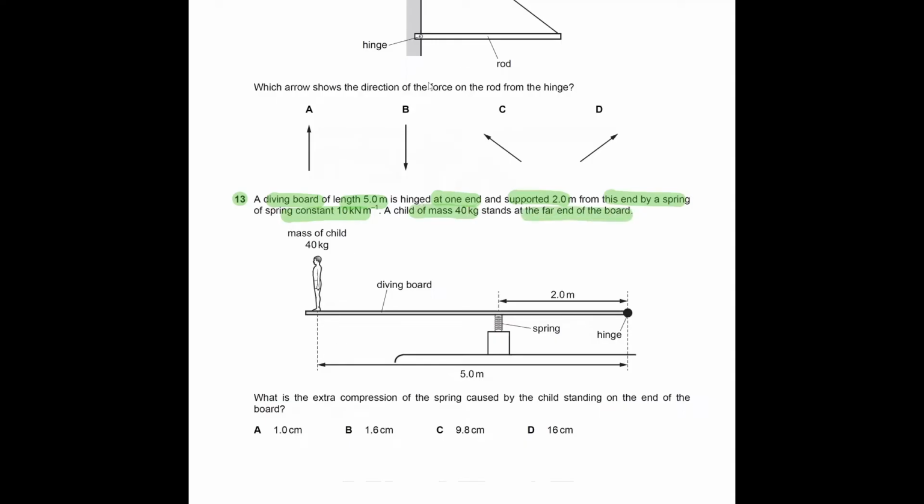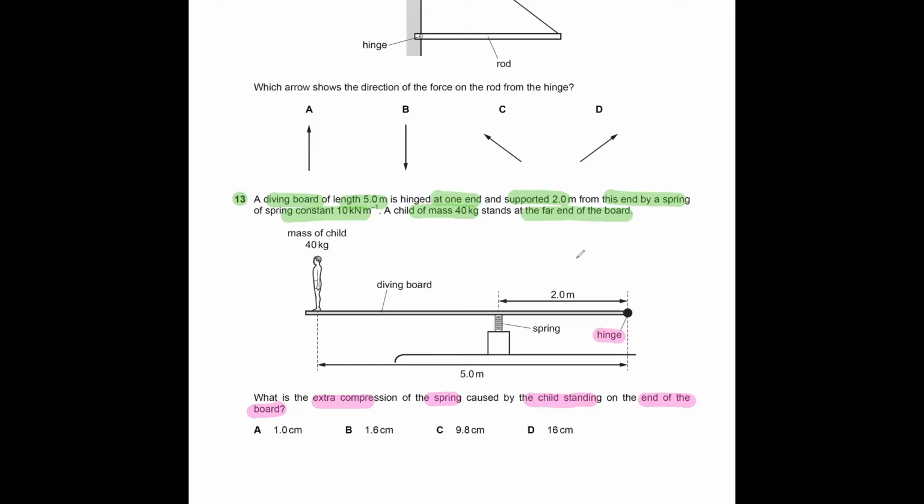What would be the extra compression of the spring caused by the child standing on the end of the board? So they want to find out how much the spring has compressed when the child is standing at the end of the board. You can assume this is in equilibrium because the whole system isn't moving anymore. Your hinge is right over here.